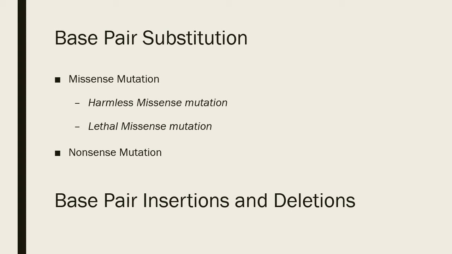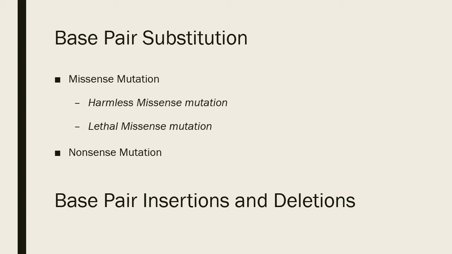What is base pair substitution? The replacement of one nucleotide and its partner from the complementary DNA strand with another pair of nucleotides is called a base pair substitution. There are the following types of base pair substitution.